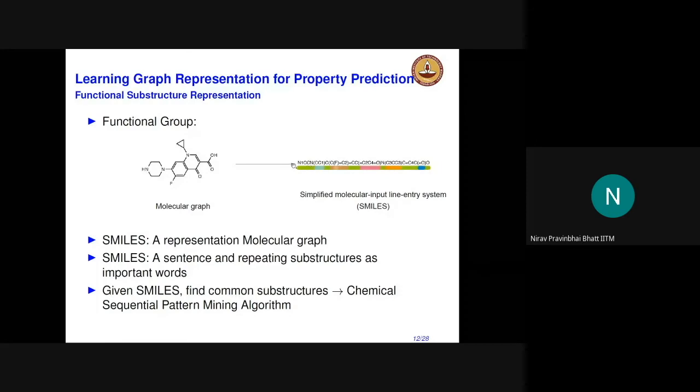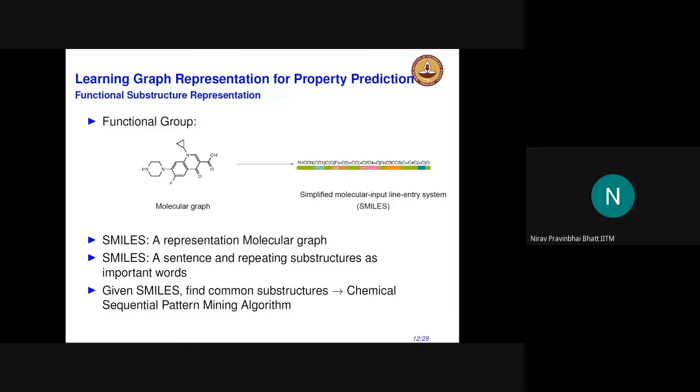What we are interested in, in this particular sentence, is to find out what are the important repeating words. In language, some of the words are not important, like the, a, sometimes, particularly when you look at a large corpus. But some words which are context specific, like activates, transforms, molecule, or inhibits, are very useful in a certain context.